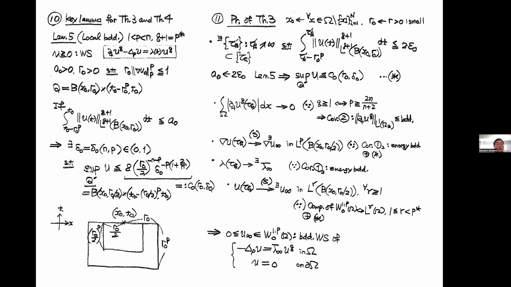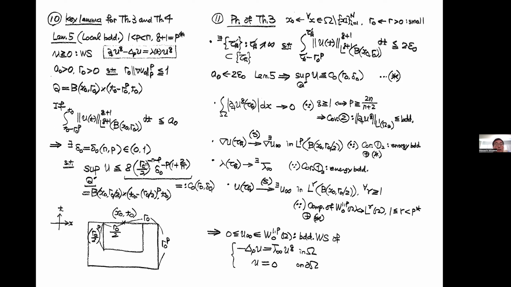The essential supremum over Q prime, Q prime as stated before smaller than the firstly fixed local region Q, figured in this way. The essential supremum of u is bounded by this quantity. Please look at the boundedness.